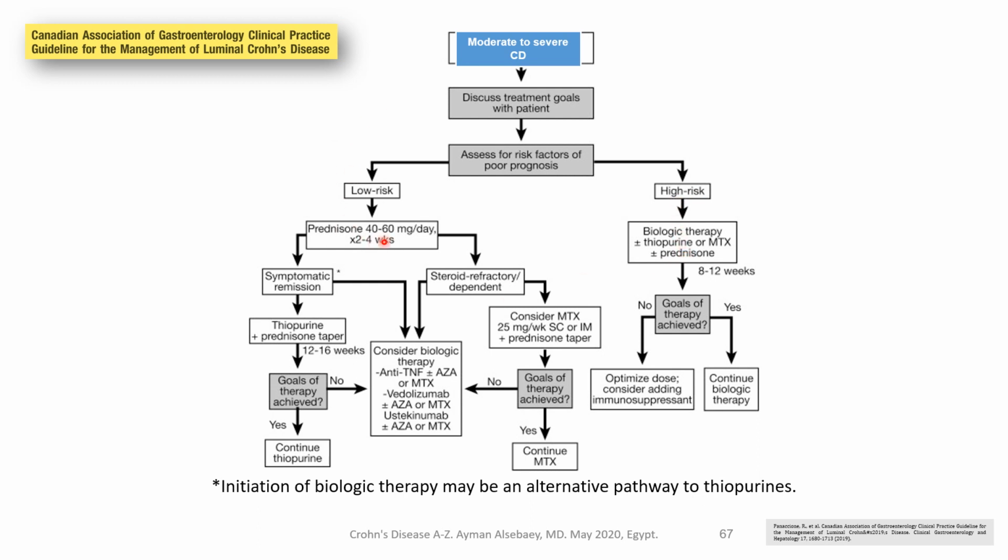Okay? If it is low risk, use corticosteroid first. If the patient enters remission, we will taper the steroids and continue thiopurines as maintenance. If the patient did not respond, here I can shift him to anti-TNF or to vedolizumab or to ustekinumab.